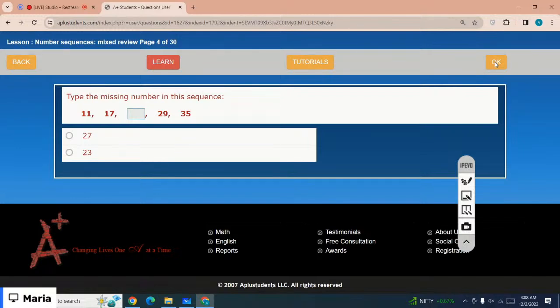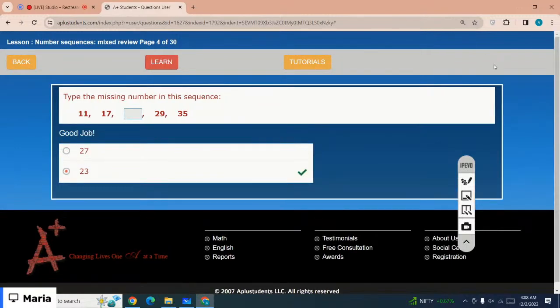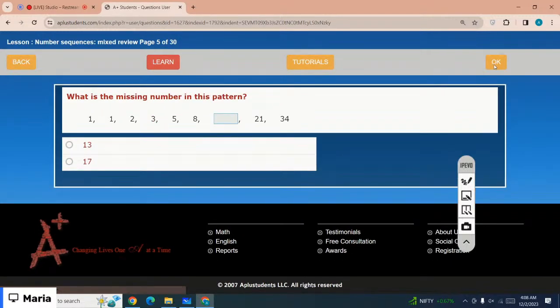Yes, the pattern is 6, right? The numbers are increasing by 6, each next number is 6 more than the previous one, right? And yes, the missing number is 23. The correct option is 23 because 17 plus 6 is 23, right? Very good.